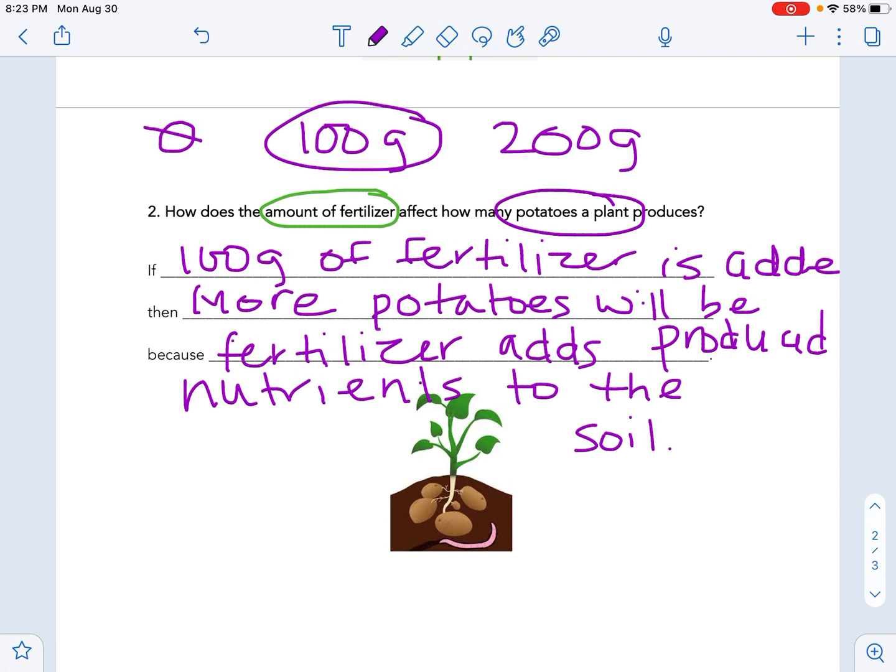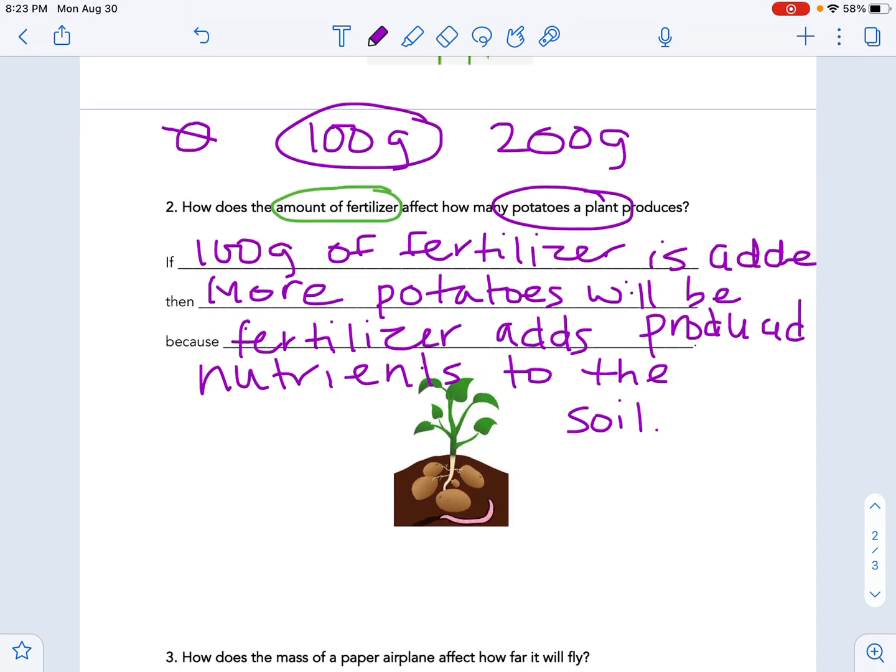Now I could have chosen if no fertilizer is added, then not as many potatoes will be produced because the soil will not have as many nutrients. So I chose a side.